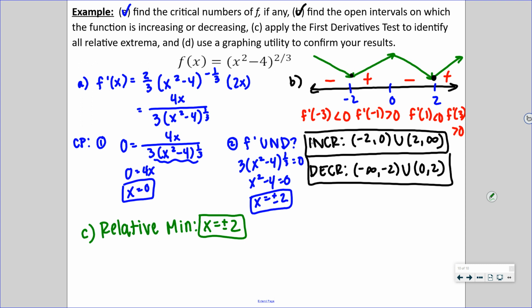You don't have to say this every time, but it's because the derivative changes from negative to positive. Just shorthand it.